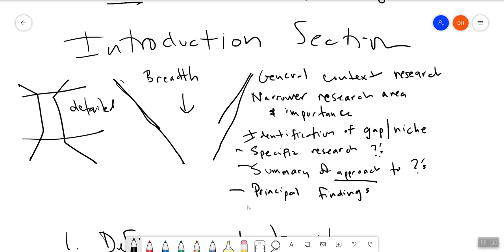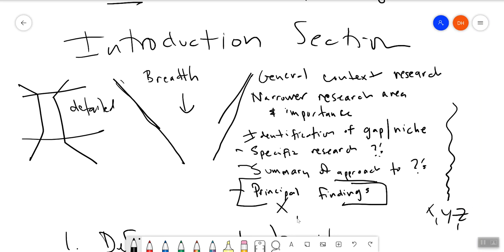And then you absolutely have to give your principal findings. Now remember, this is basically the conclusion of your paper. So you've done the research, you did all of this stuff, you found that these things were the results of your paper. List those here. It doesn't have to be in too much detail, but you do want to list your principal findings. You're not writing a mystery novel.